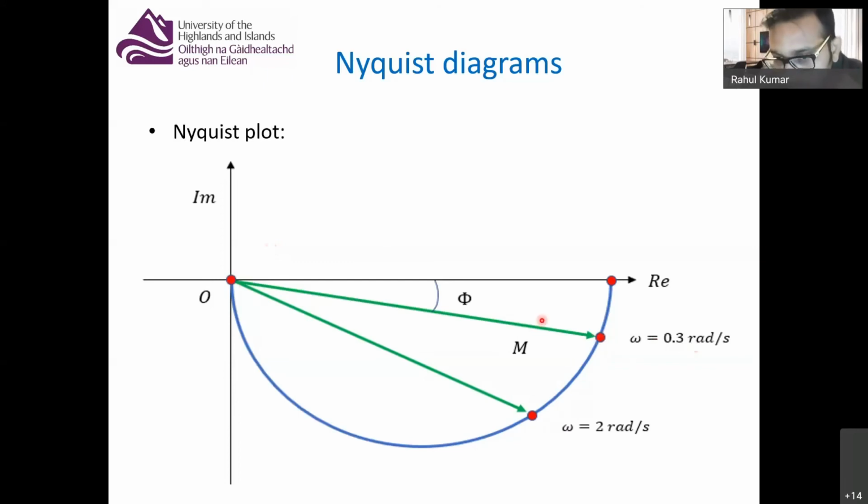The length of this line will give me the magnitude, and the angle which it is making from the x-axis, that will be my phase. Okay. So similarly, we can find the magnitude and phase at a range of frequencies.